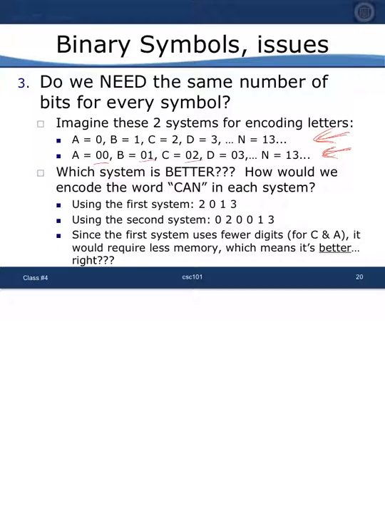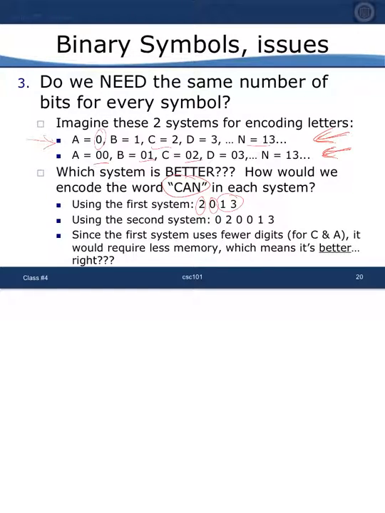Well, let's think about encoding the word can, C-A-N. How would this be encoded in each of our two systems? In the first system, the letter C is 2, so I'd say 2 for C. The letter A is 0, so 0. And the letter N, I counted it out for you, is the number 13.